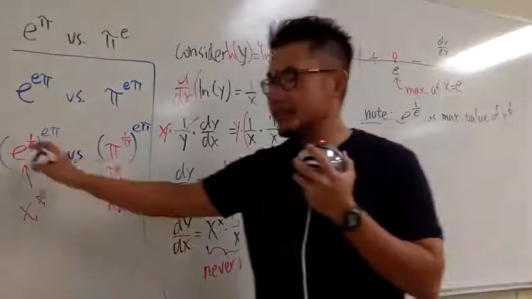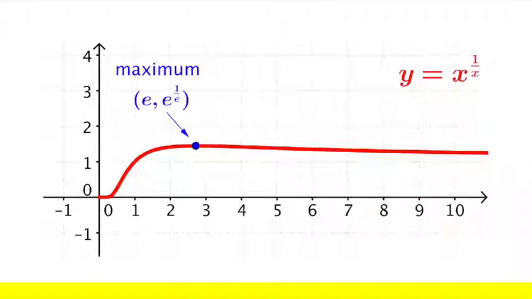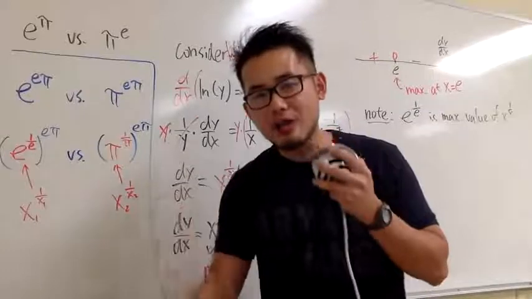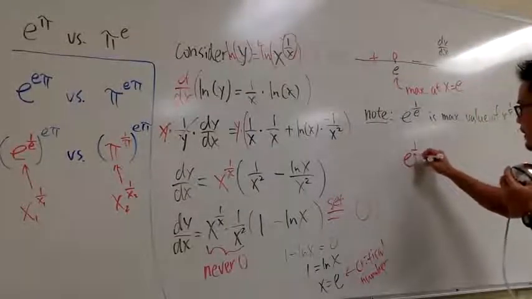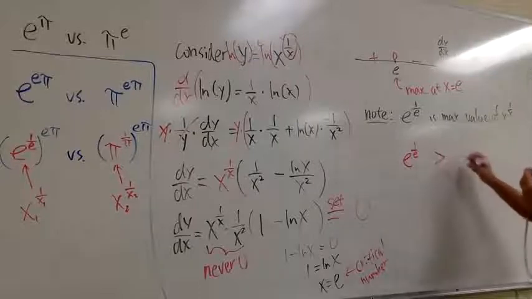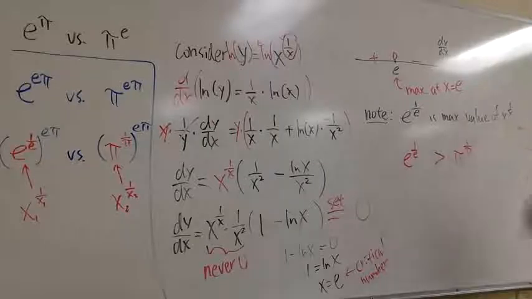So we know that this right here has to be bigger than that, right? And now let me just write down the final conclusion. We know e to the 1 over e has to be bigger than pi to the 1 over pi, because this right here says so.